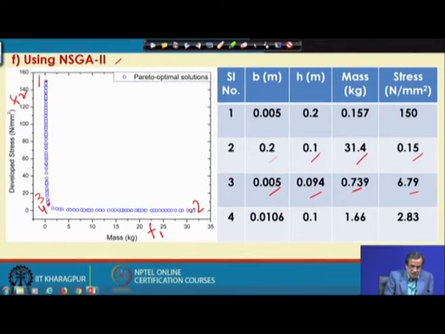That means different optimal solutions for this particular single point cutting tool, and as I told several times, once we have got the optimal values for this particular B and H, the length of the cutting tool is kept fixed. So, I can find out what should be the optimal design, or the several optimal designs. Now, I can choose any one depending on the choice, and this is the way we can find out multiple optimal solutions for this type of two objective optimization problem.